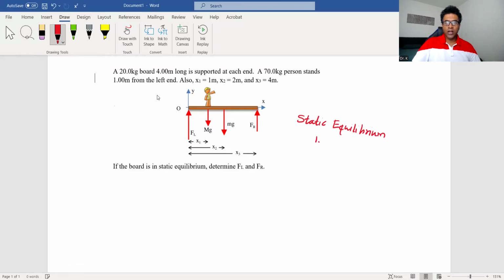The first one is called translational equilibrium. That means the net force acting on the system or the object is equal to zero. The second one is rotational equilibrium.